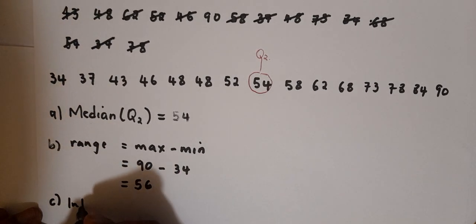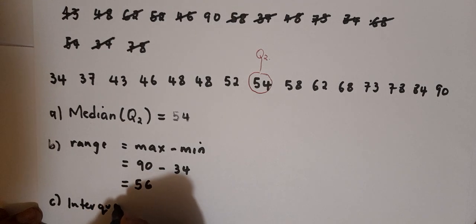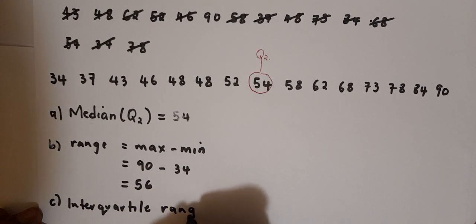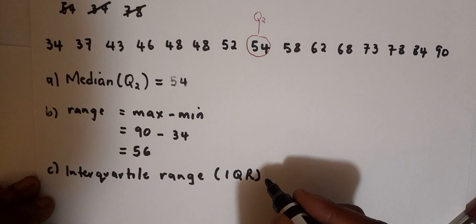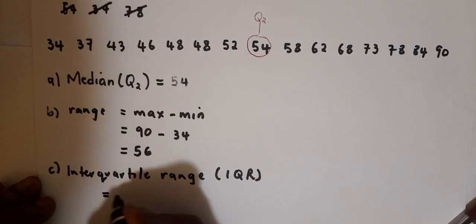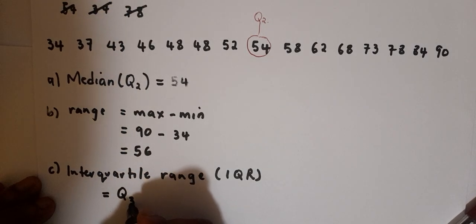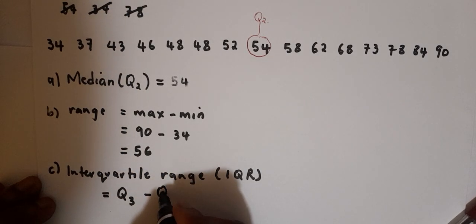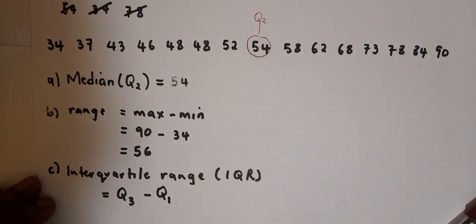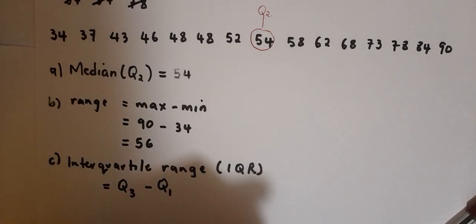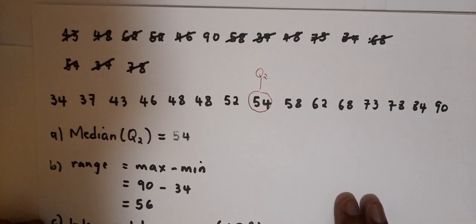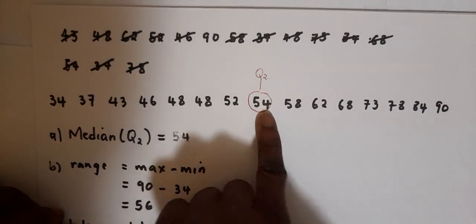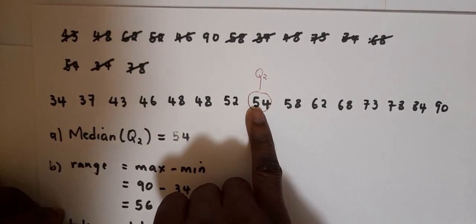So the interquartile range, which can also be referred to as IQR, is simply the difference between the upper quartile, which is Q3, and the lower quartile, which is Q1. So from our data, we still need to find Q3 and Q1 exactly the same way we did in the previous one. Because this is our Q2, we don't count it, we don't close it.